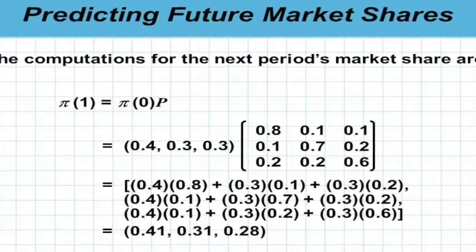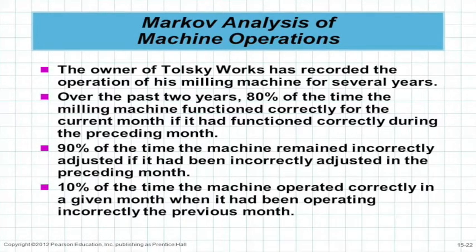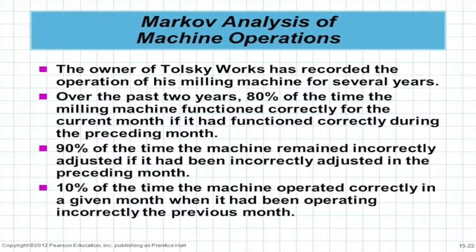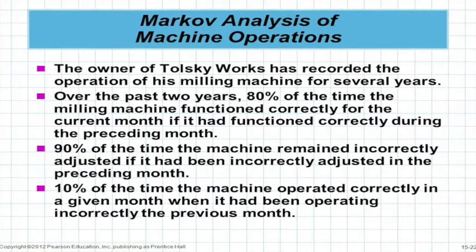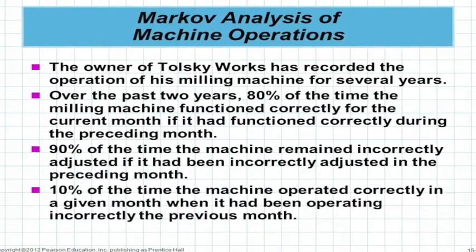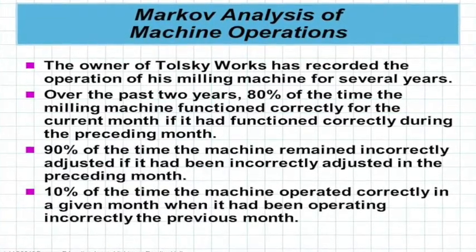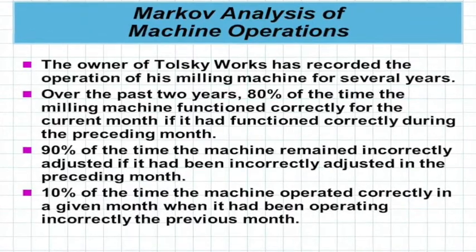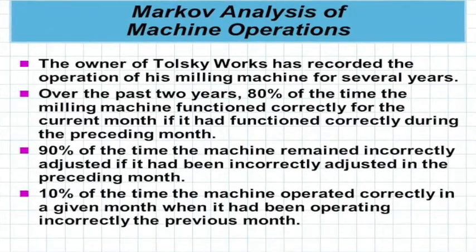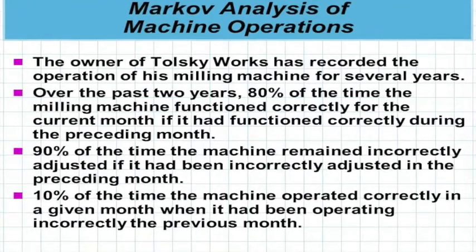Meanwhile, for Markov analysis of machine operations, the owner of Tolsky Works has recorded the operations of his mailing machine for several years. Over the past 2 years, 80% of the time, the mailing machine functioned correctly for the current month if it had functioned correctly during the preceding month. 90% of the time the machine remained incorrectly adjusted if it had been incorrectly adjusted in the preceding month.